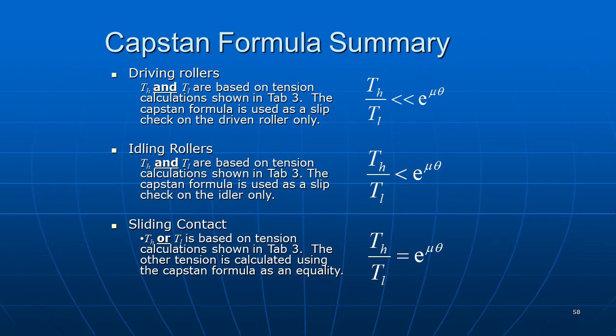Slipping on an idler is generally not fatal. Slipping on a driven roll is a bad thing. Last thing we used it for was the actual tension ratio across the deliberate sliding, a turn bar, bow bar, something of that nature. And there it's an equality, TH over TL equals e to the mu theta. So 2 different uses, don't confuse them.